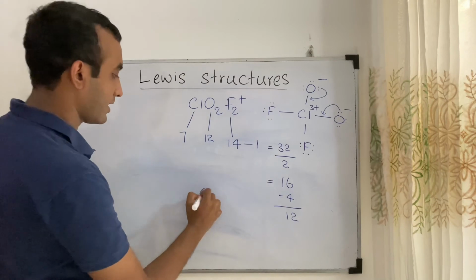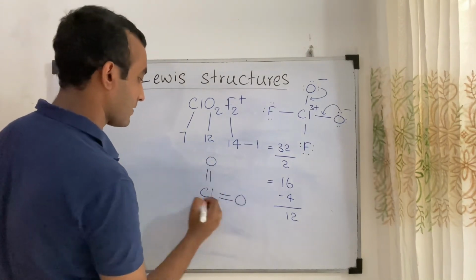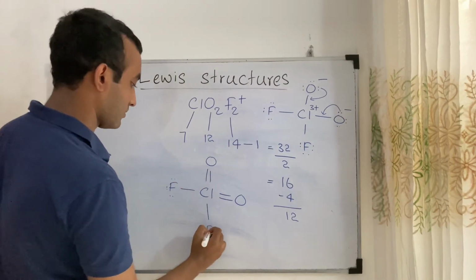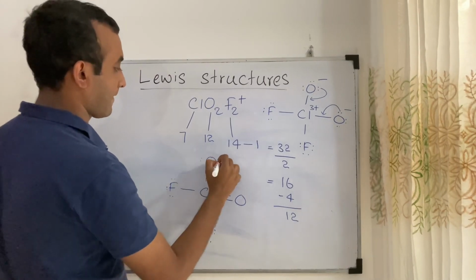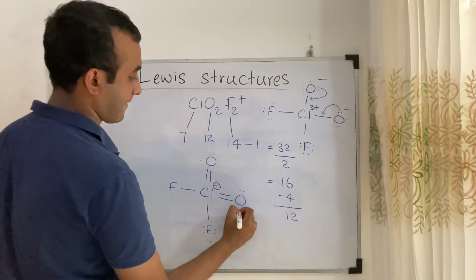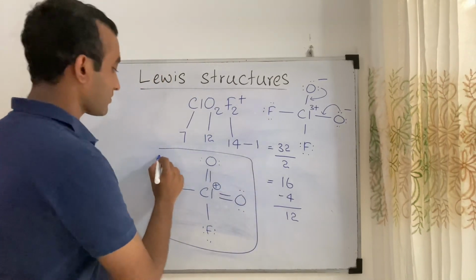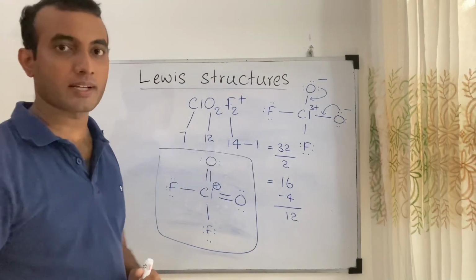So we are getting this structure. So this will be the most acceptable Lewis structure for ClO2F2+.